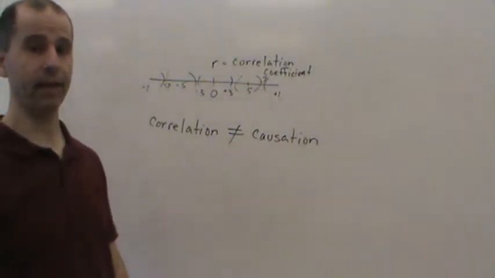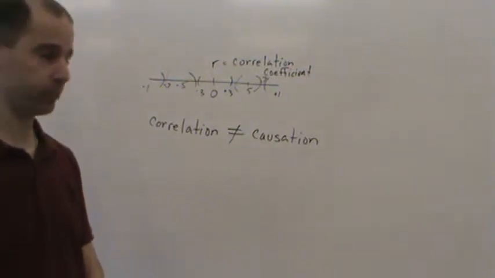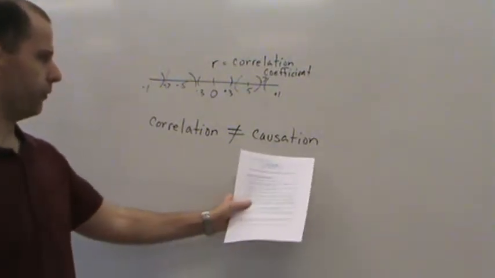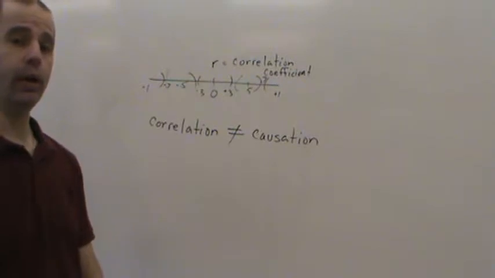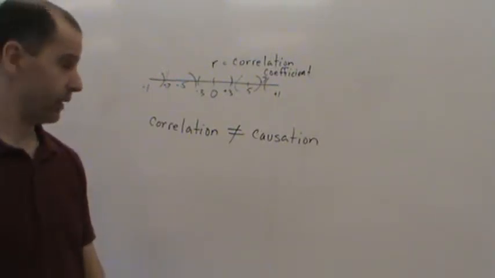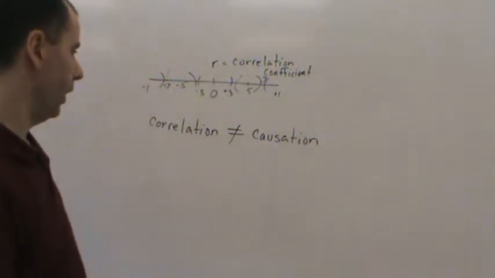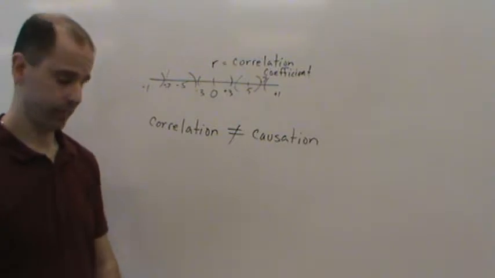We talked about that back in chapter 1 or 2, I believe. In order to prove or demonstrate that one variable is causing the other, we would have to do an experiment. So just be aware of that.